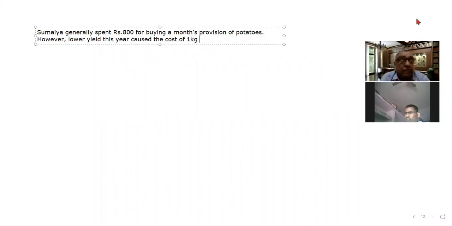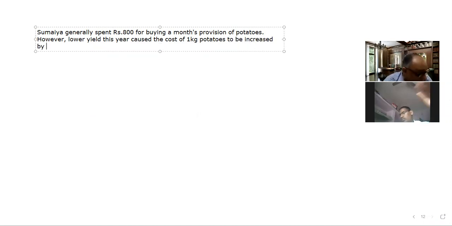So now lower yield this year caused the cost of 1 kg of potatoes to be increased by 60%. So this is the increase in the cost of potatoes.